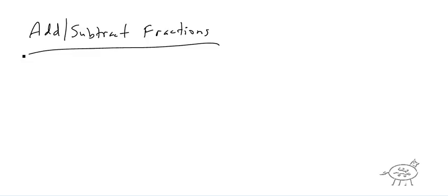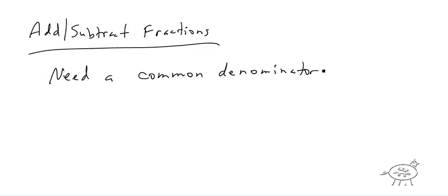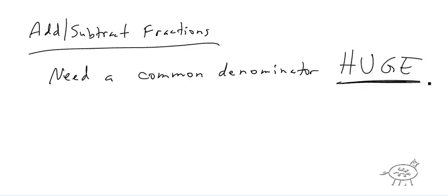Well, adding and subtracting is a little more complicated. And the reason it's a little more complicated is because you need a common denominator. That is huge. Okay, got to have a common denominator.